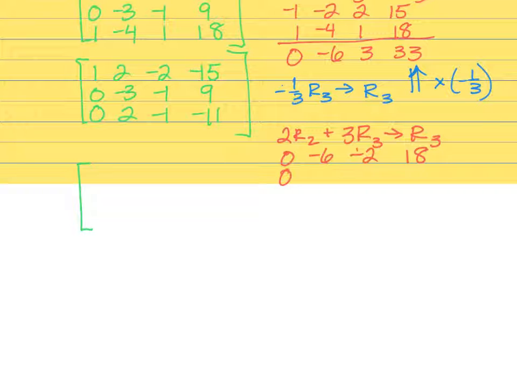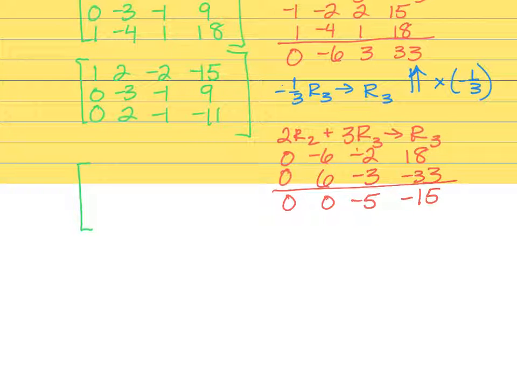So let's back up, make sure we got it correct. 2 times row 2, that looks good. And then a 3 times row 3 is a 0, 6, negative 3, negative 33. And when you do that, you're going to get a 0 like we wanted, a negative 5, and then of course 18 minus 33 is negative 15.